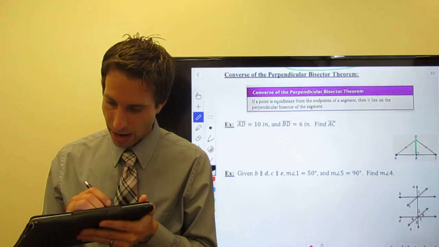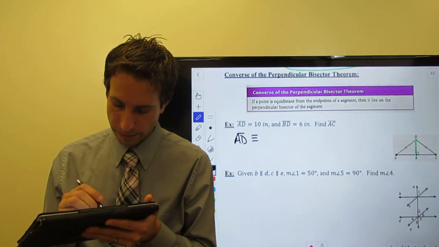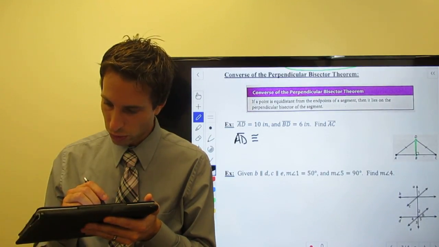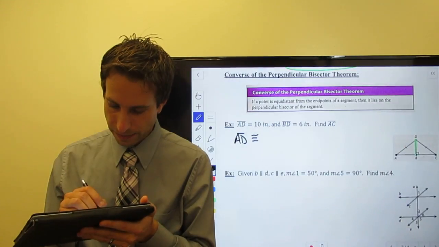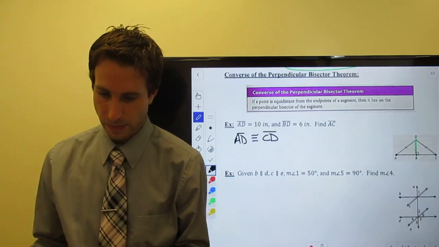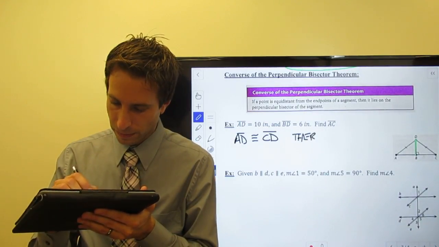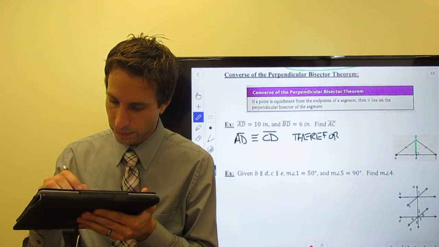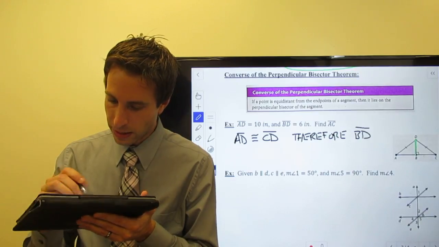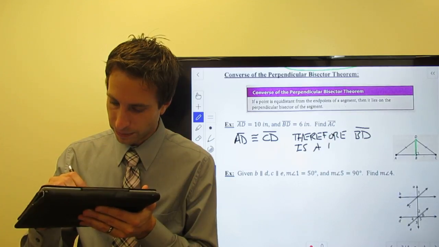So here's what I have. I have AD is congruent to CD. That tells me, therefore, BD is a perpendicular bisector.